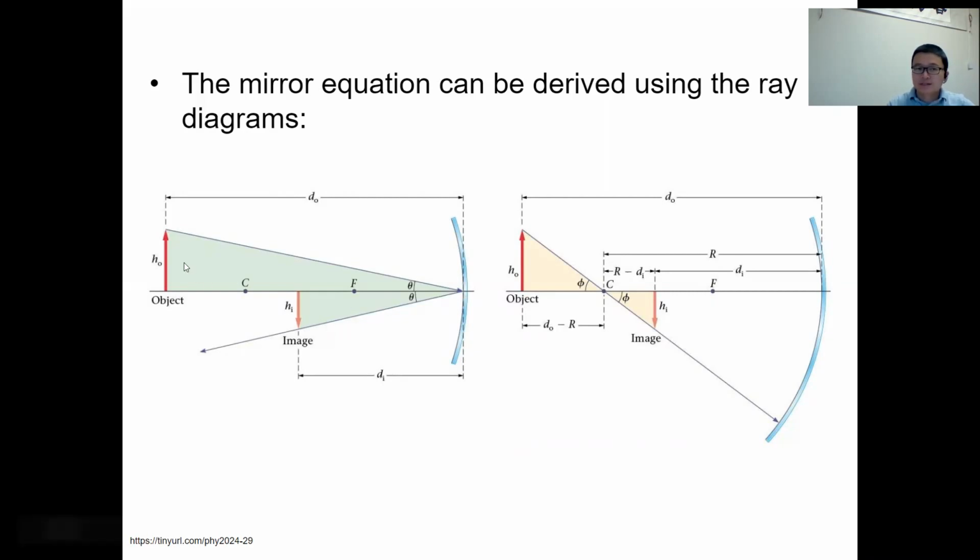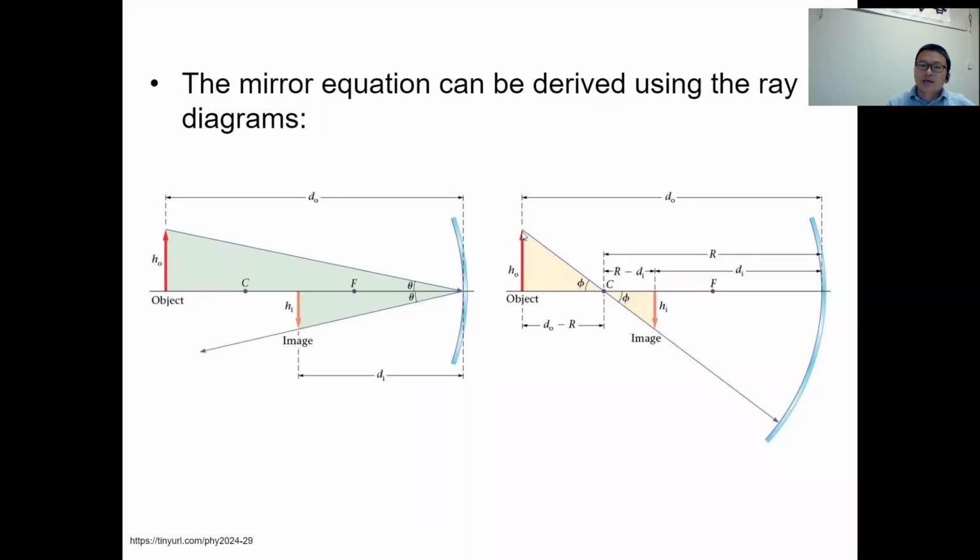Let's take a look at this point here. Let's draw a ray that comes off this point and hits the center of the mirror, and then it will get reflected back, right? Because these two angles should be equal to each other according to the law of reflection. So this shaded triangle and this small triangle here are similar triangles because they share a similar angle here, and they are both right triangles.